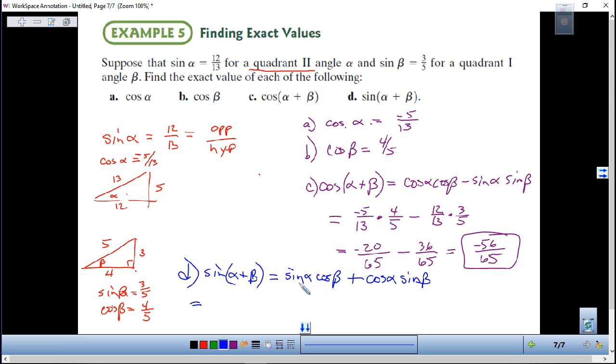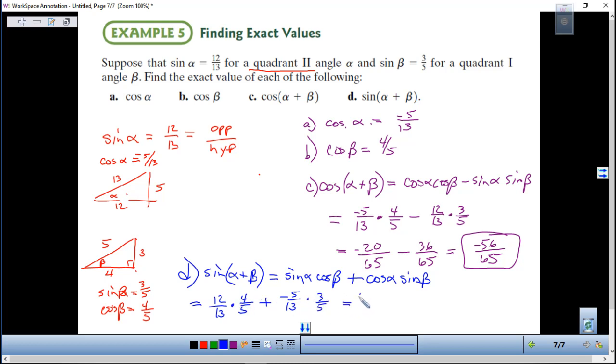Plug everything in. Sine alpha was 12 over 13, cosine beta, 4/5, cosine alpha, negative 5 over 13, sine beta, 3/5.